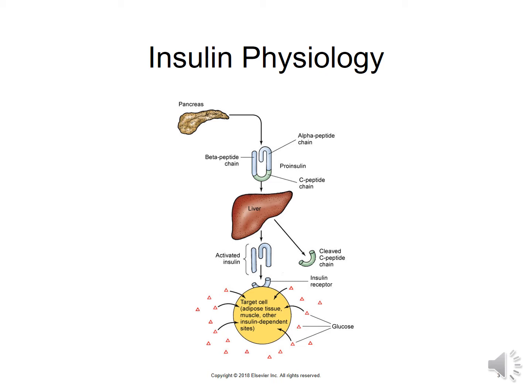So they balance each other out, the insulin and the glucagon. And glucagon is really a hormone that counteracts the actions of insulin, and it stimulates the liver again to produce glucose, and that's how it increases the blood glucose level.